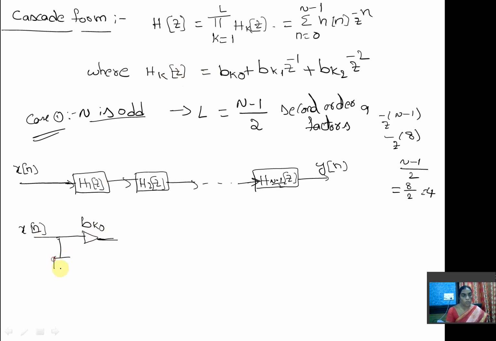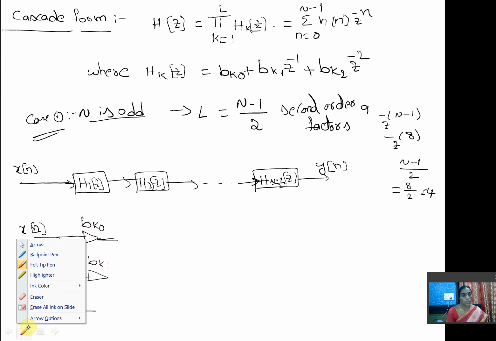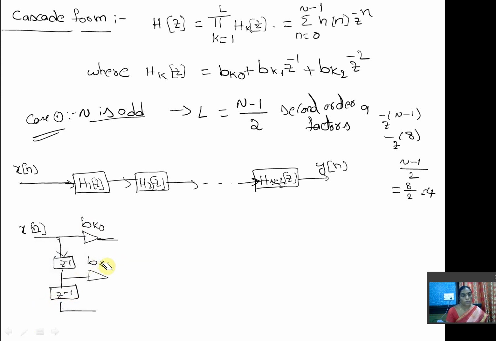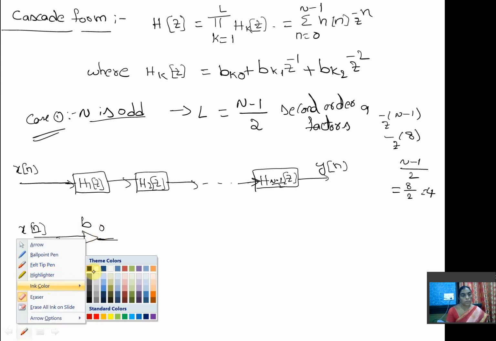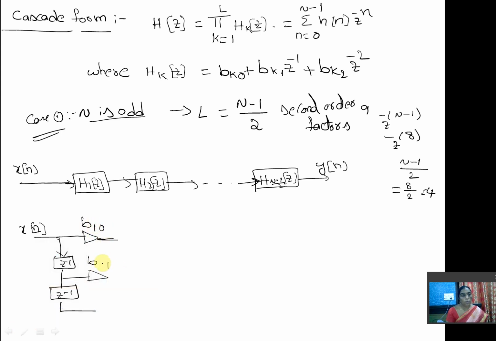Now second order means 2 delays, z inverse, here also z inverse. So here you can get z inverse X of z, here you can get z power minus 2 X of z. So z power minus 1 X of z is multiplied by the bk1. Here k is 1. b10, b11.